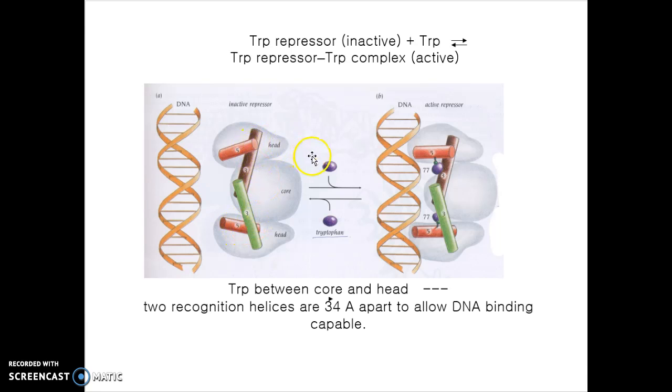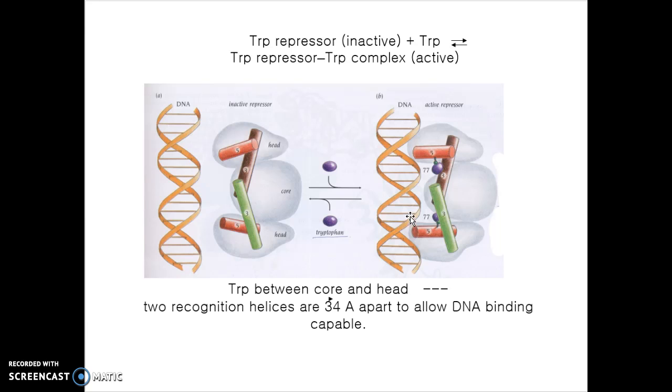But when tryptophan, called co-repressor, binds to Trp repressor, it can cause a conformational change in a way that the recognition helix fits very well to the major groove, about 10 base pairs apart.